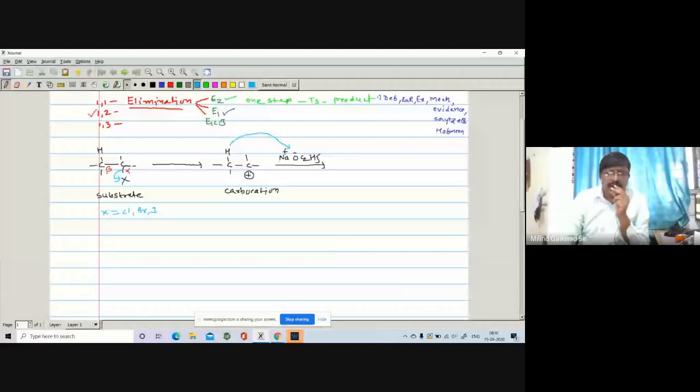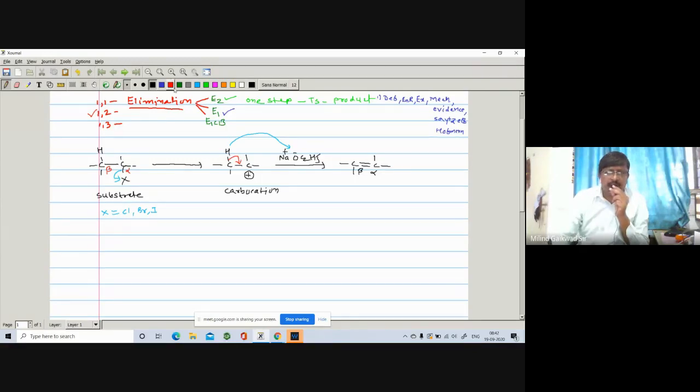This H is abstracted by the base O minus. At the same time, the sigma bond shifts here and there is a formation of a carbon-carbon double bond between the alpha carbon and beta carbon.